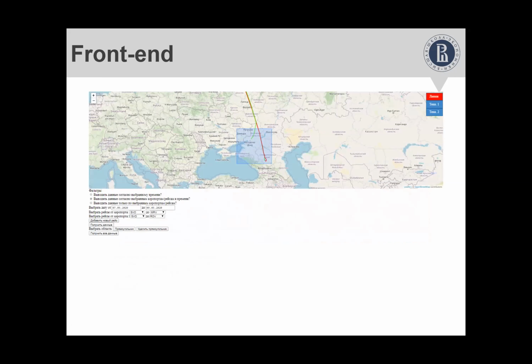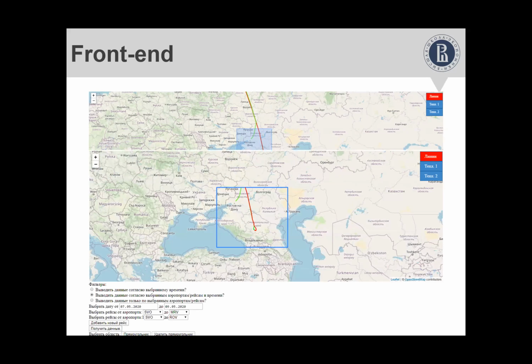We also have a square to select special information which can come to this square, and we can present information from this square and calculate information from all points which can come to this square.